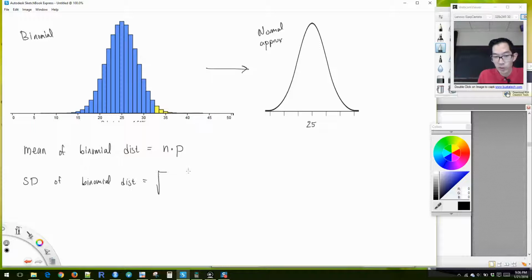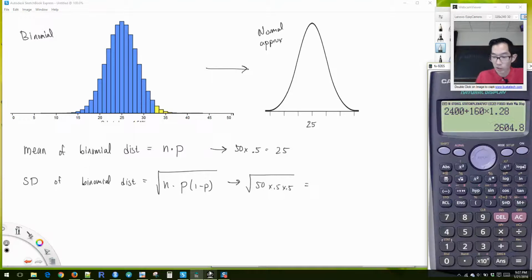Yeah, it's the square root of n times p times 1 minus p. So in our case, 50 times 0.5 gives me 25. And then the standard deviation is going to be the square root of 50 times 0.5 times 0.5, which is the square root of 12.5, which is 3.535.